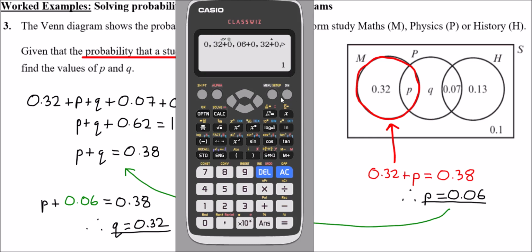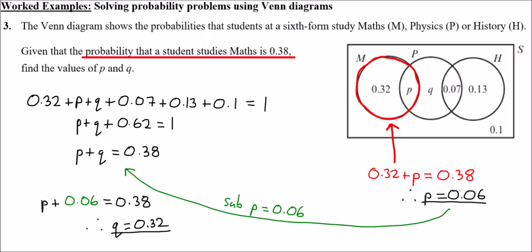That does indeed give us 1. So that sort of goes some way to proving that our answer makes sense and is likely to be right, and it is.